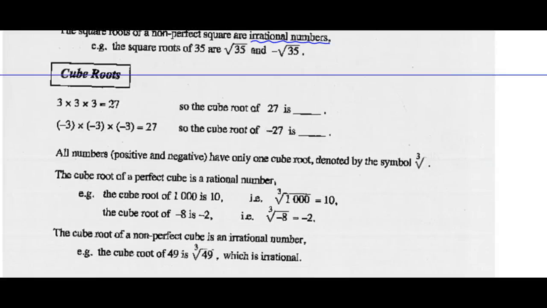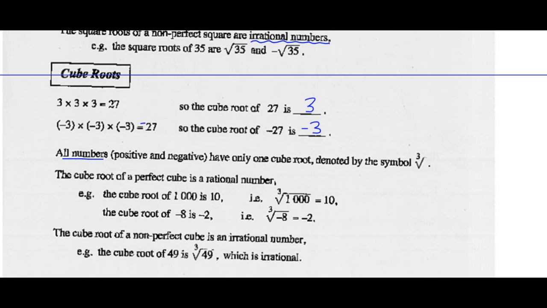Cube roots. So let's look at what a cube root means. 3 times 3 times 3 is 27. Therefore, the cube root of 27 should be 3. Negative 3 times negative 3 times negative 3 should equal negative 27. Do you guys have negative 27 in your book? The cube root of negative 27 would be negative 3.